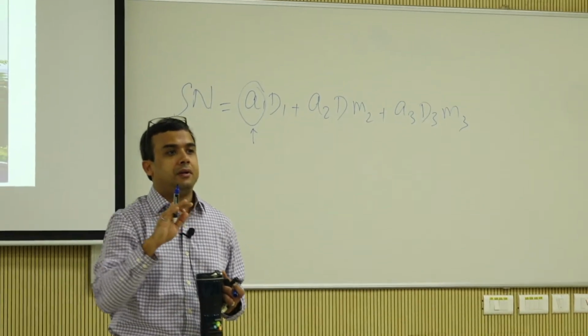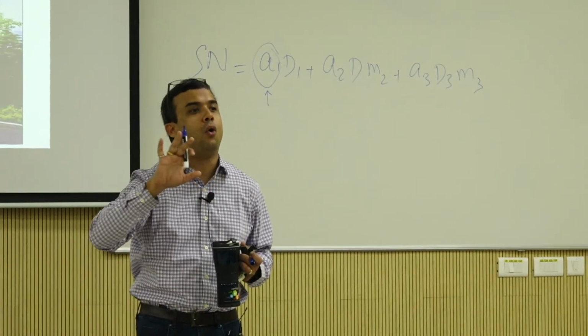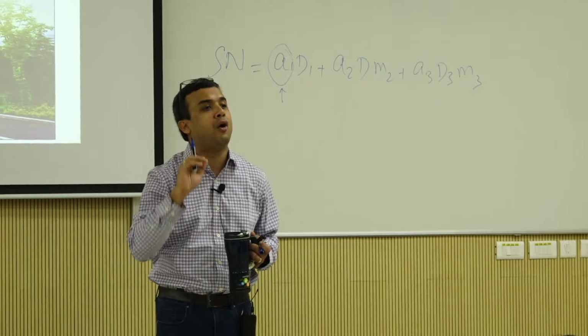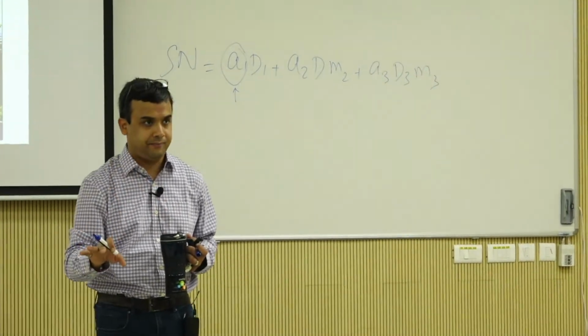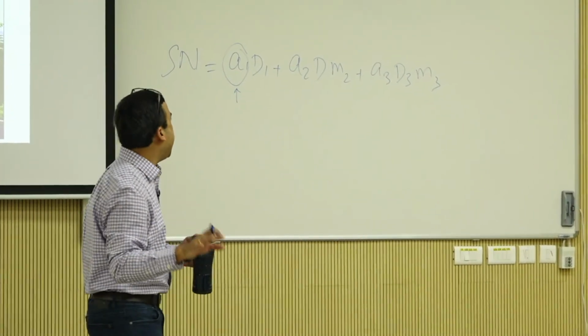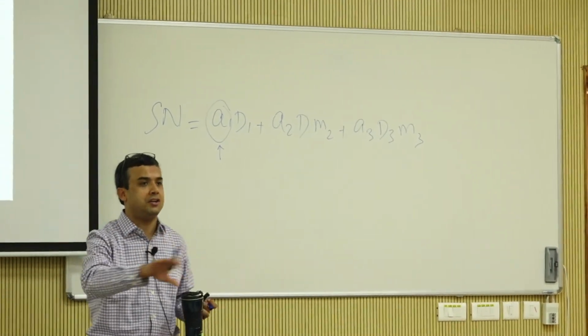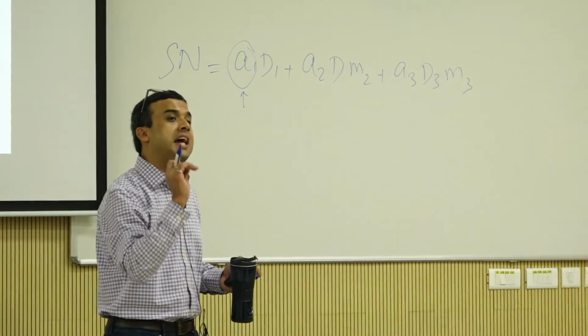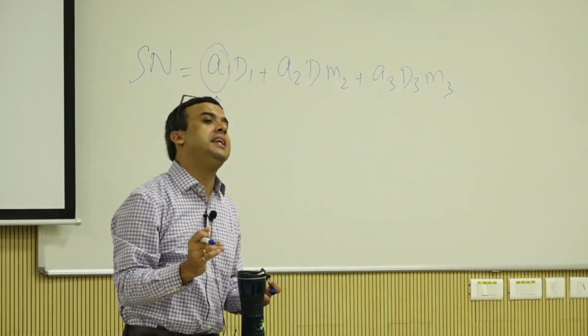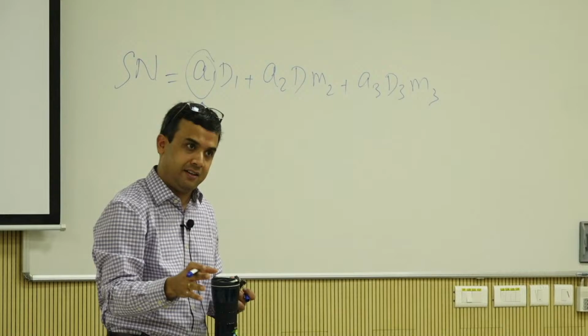So let's step back. Remember what I said, the old pavement design methods were all about protecting the weakest layer. In AASHTO, you're plugging in the resilient modulus of the layer and saying how much pavement you need to protect it.